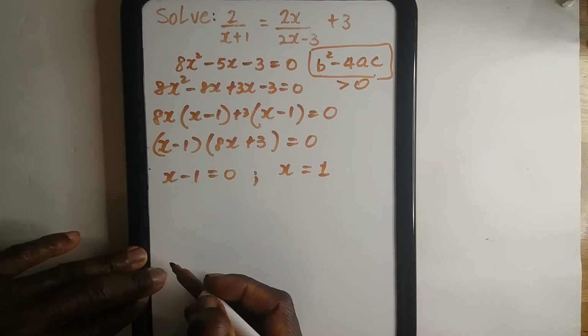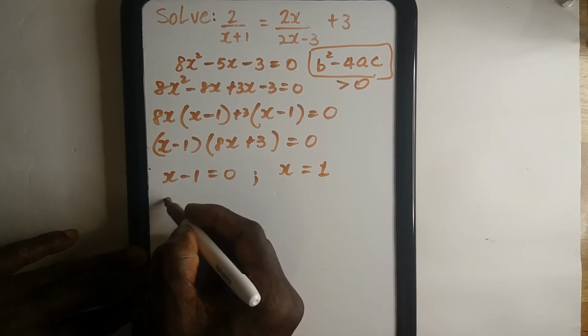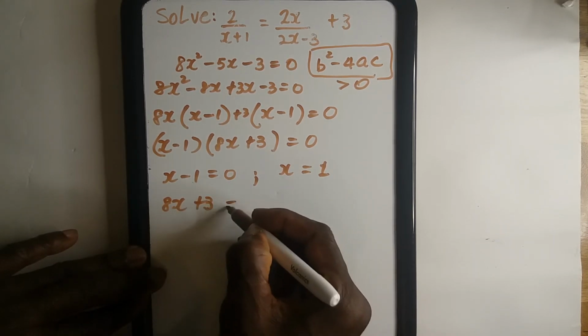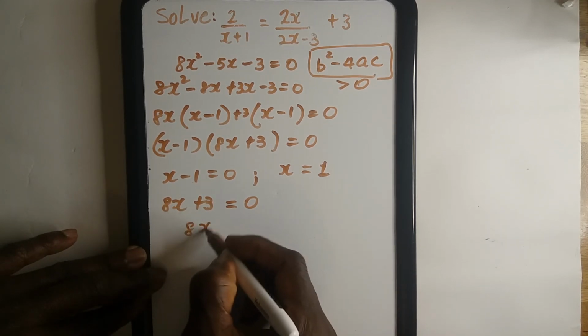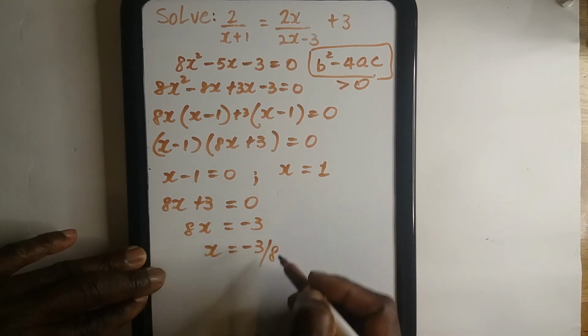We add 1 to both sides, and we have 8x add 3 is equal to 0. We have 8x is equal to negative 3, and x is equal to minus 3 over 8.